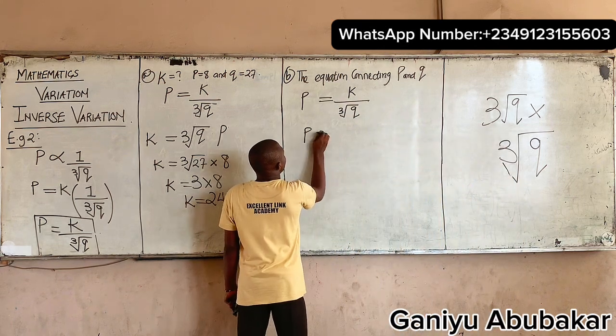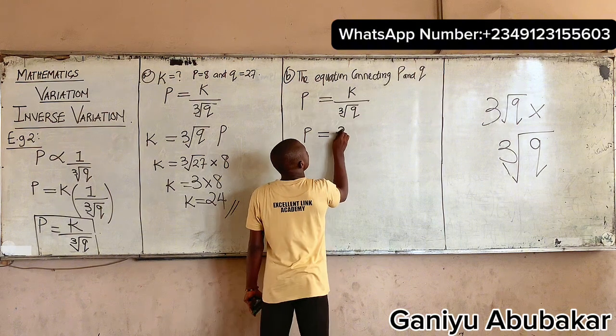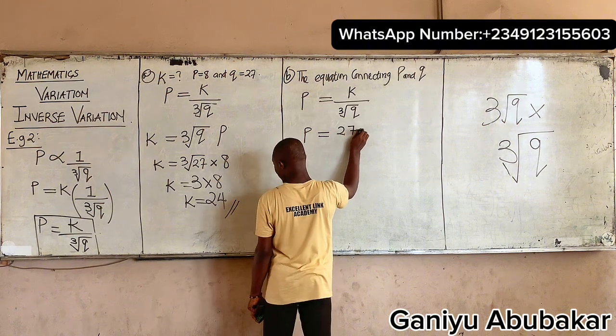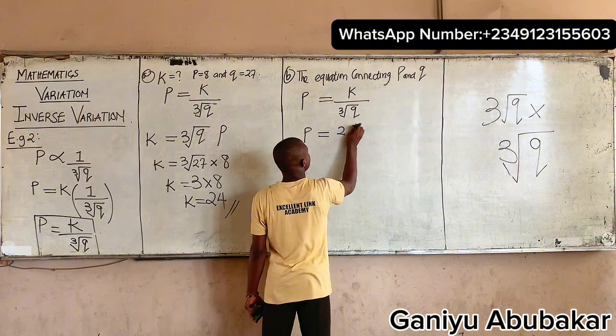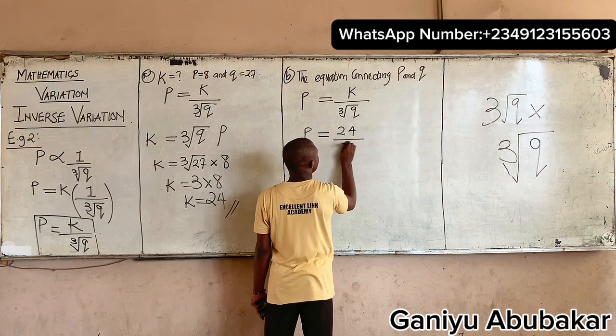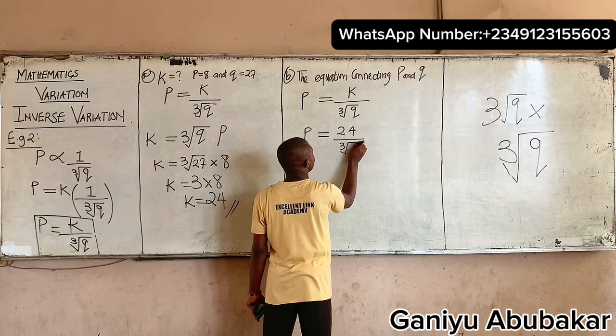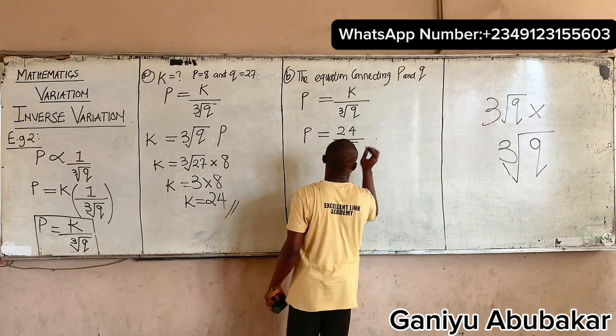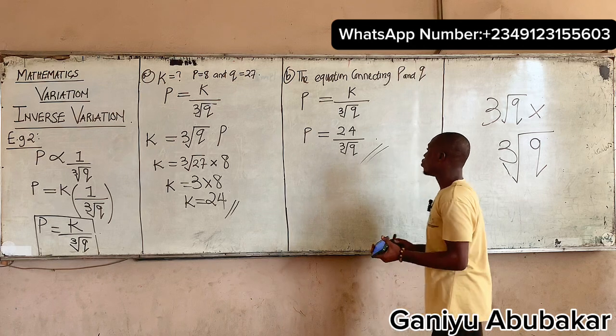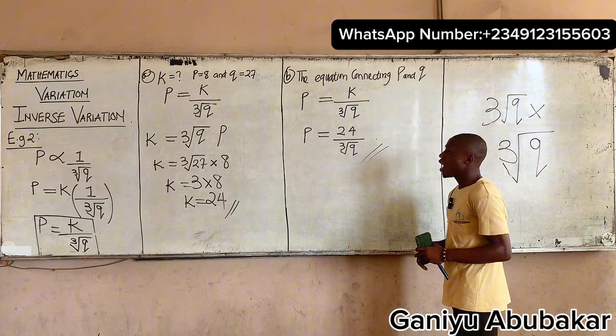So P can be expressed as 24 all over the third root of Q. So this is your equation connecting P and Q.